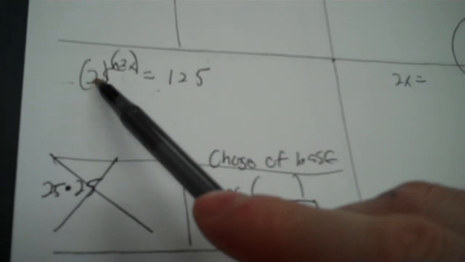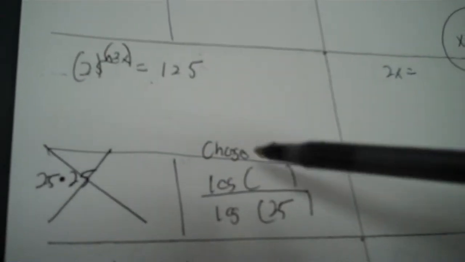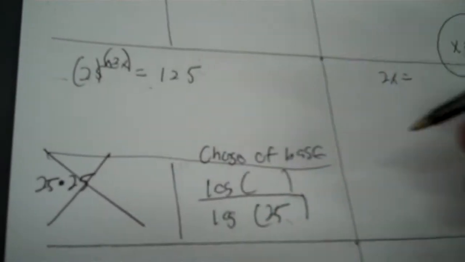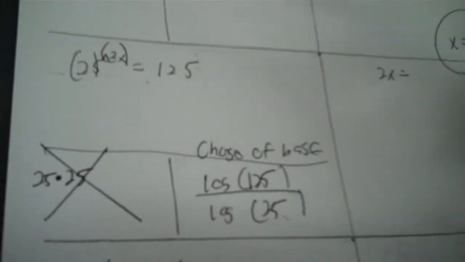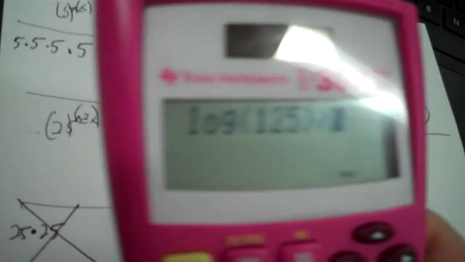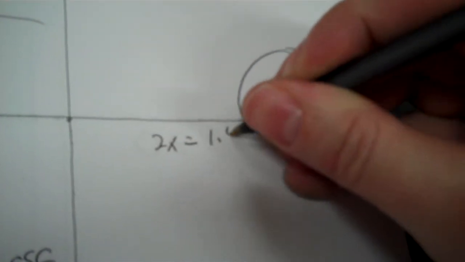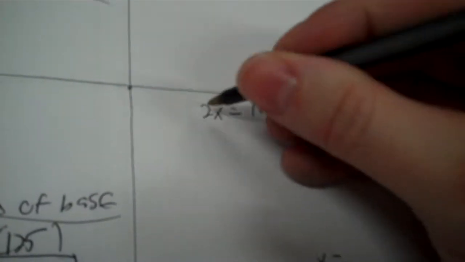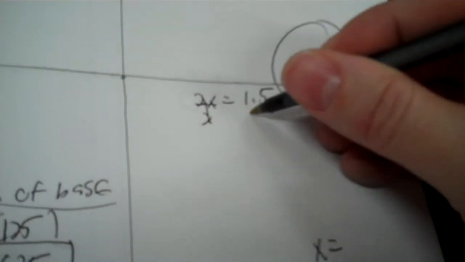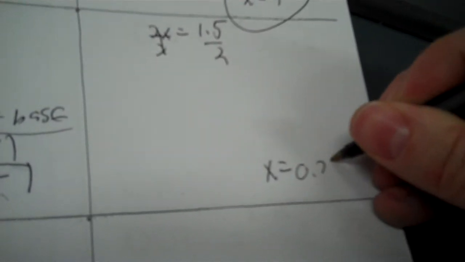If that was 125 and that was 25, I'd be putting 125 on the bottom, but 25 goes here. So I take log 125 divided by log 25. I got 1.5, okay? So the power is equal to 1.5. So now to find the x, I divide both sides of the equation by 2, and that's 0.75.